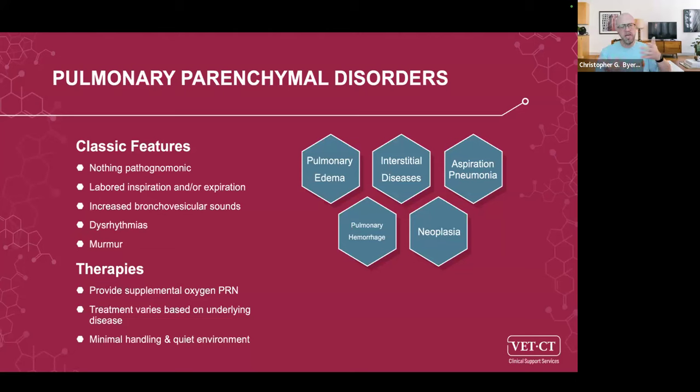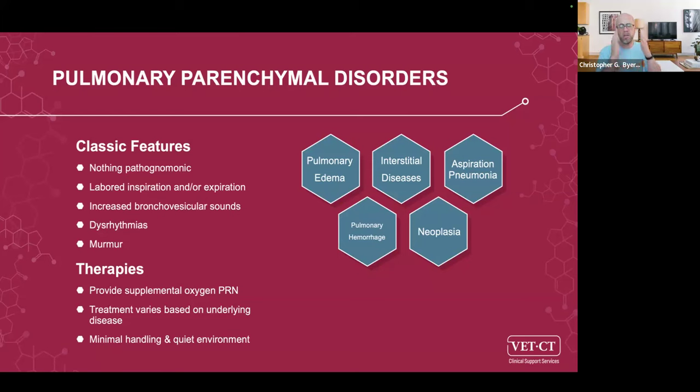When we auscultate, these are the patients that we can hear adventitious lung sounds, abnormal bronchovesicular sounds. This is the category of pulmonary parenchymal disease, where we worry about things like congestive heart failure or non-cardiogenic pulmonary edema. So we may also hear concurrent dysrhythmias or murmurs.